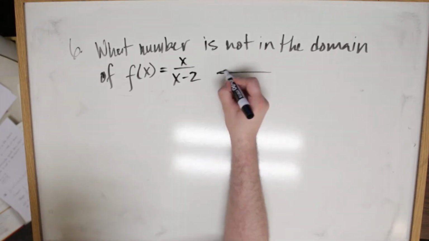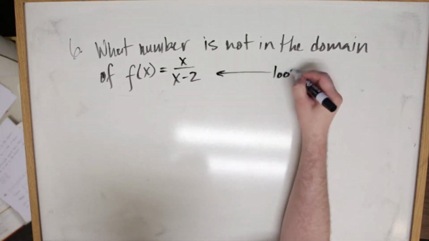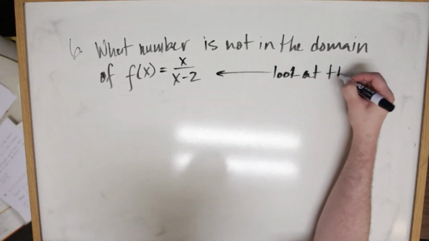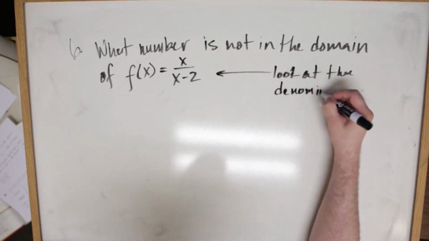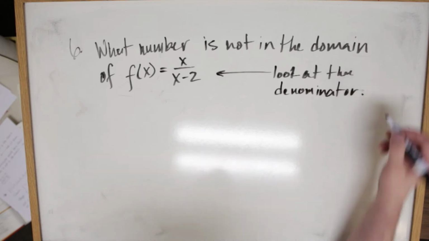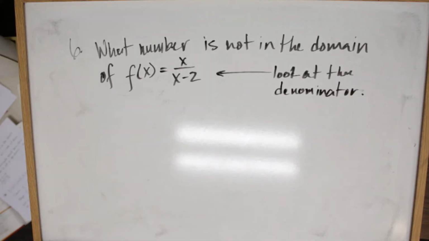So again, the trick here is to look at the denominator. Take a look at the denominator. And when the denominator equals 0, that x value is not in the domain.